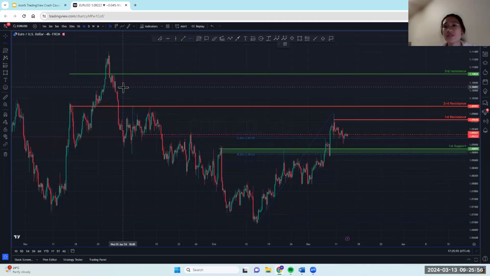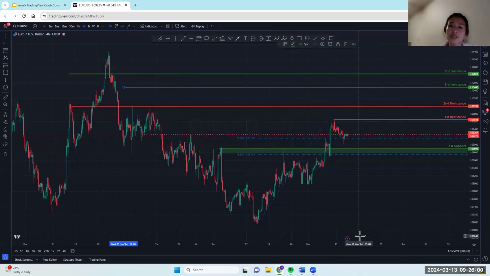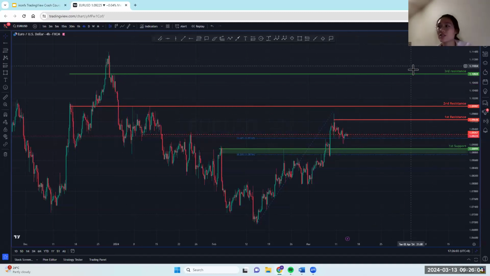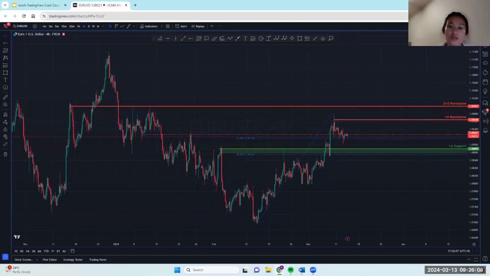Okay, so again, every time I want to use it, I just click on this and it will pop up here. Okay, so that's how we label the first and second support and resistance levels.